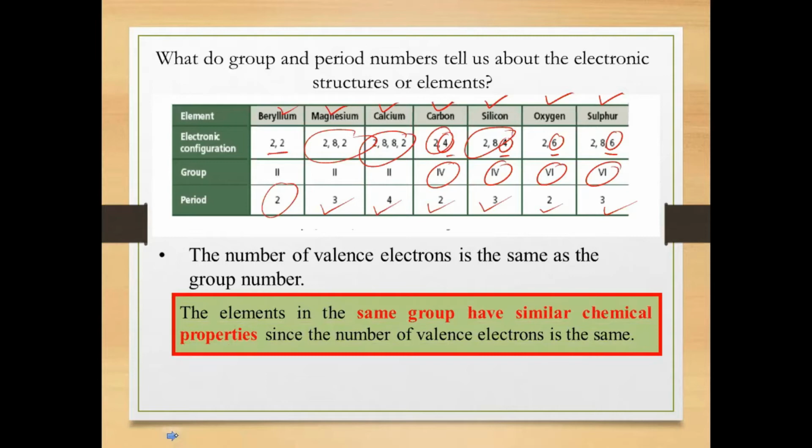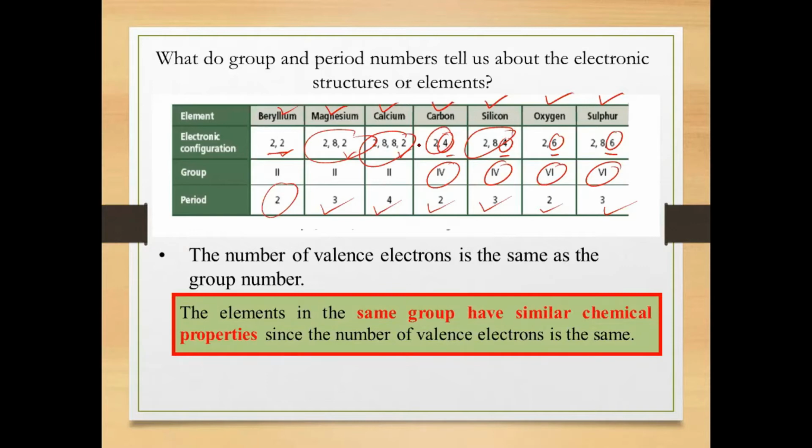So remember, the number of valence electrons in the atom shows the group. Group number indicates the number of valence electrons. When elements have the same valence electrons, they are in the same group. For example, beryllium has 2 valence electrons, and magnesium and calcium as well have 2 valence electrons.